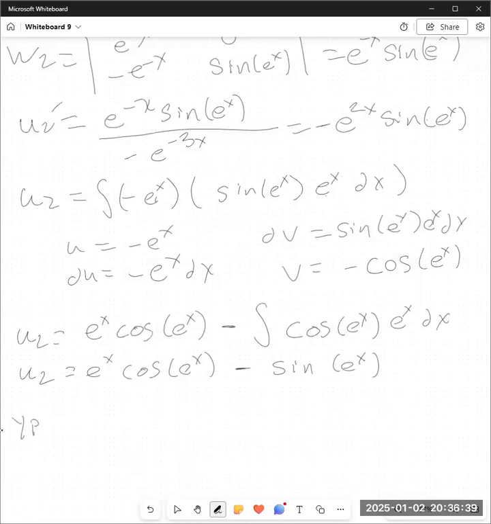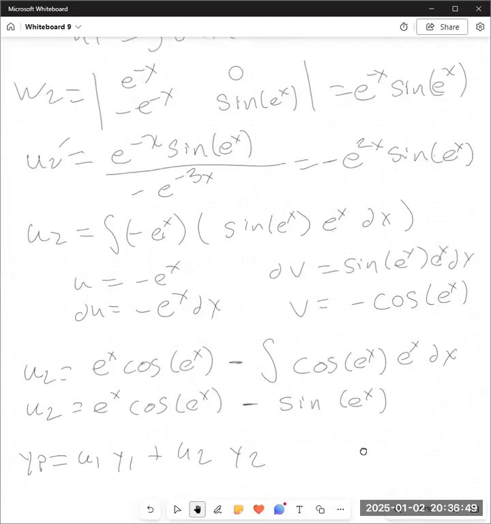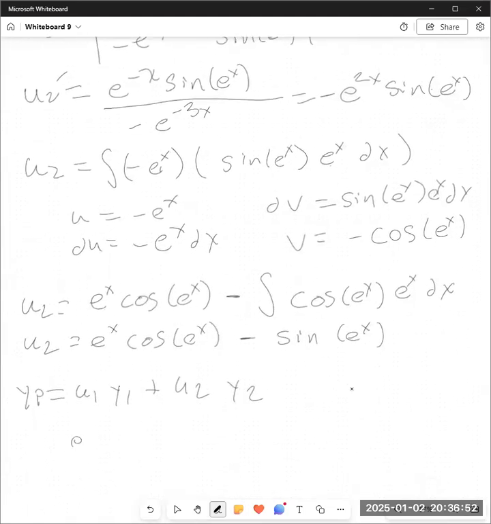So yp is u1 y1 plus u2 y2, where y1 was e to the negative x, and y2 was e to the negative 2x. And u2 is right here, e to the x cosine of e to the x minus sine of e to the x.